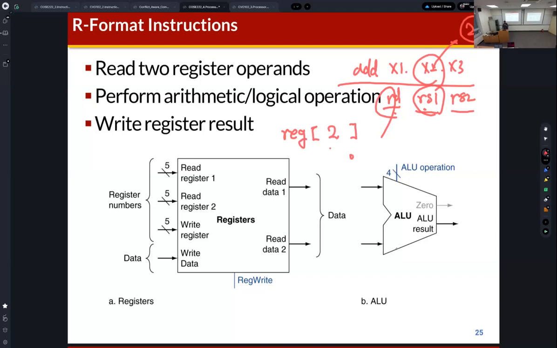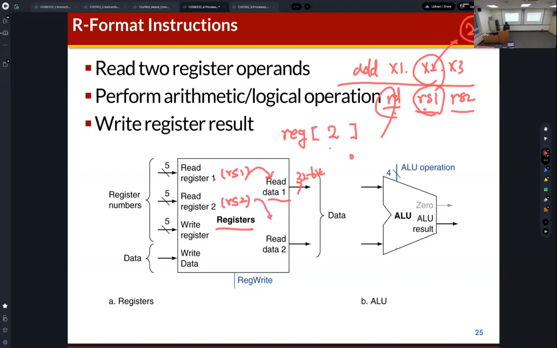number. So for this operation, the register requires the read register 1, so this is the RS1, source register 1, and then read register 2 is the RS2. So which means that a register number is given to read register 1 or read register 2, then the corresponding data is read out through read data 1 port. So this is the 32-bit data.